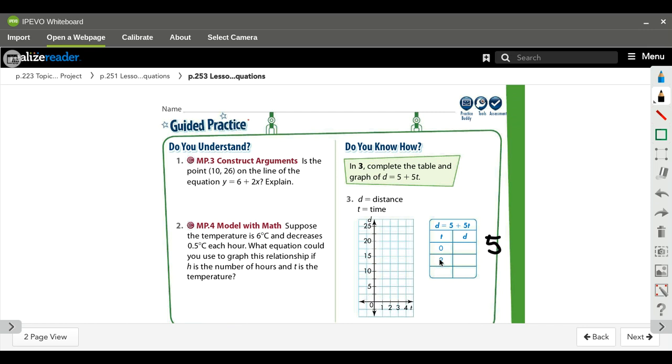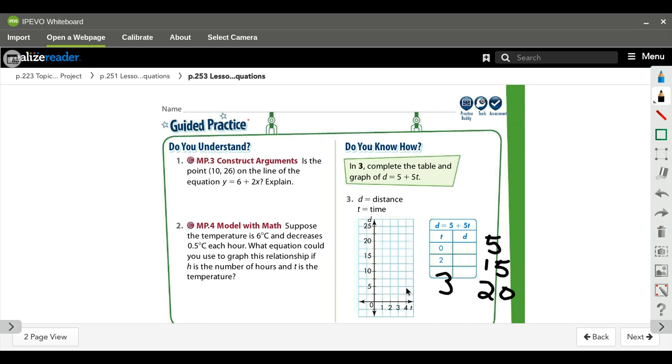And I'm going to do my next one. 2 times 5 is going to be 10, plus 5 is going to be 15. And I need to do one more value. It doesn't make sense for me to go past the value of 4 because my graph only goes to 4. So I'm just going to keep it at 3. Keep my numbers small and tight. So 3 times 5 is 15, plus 5 is going to be 20.